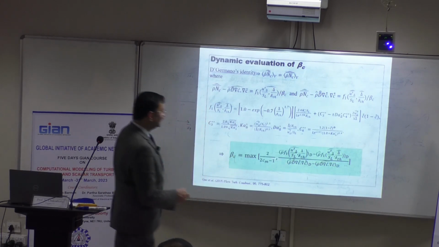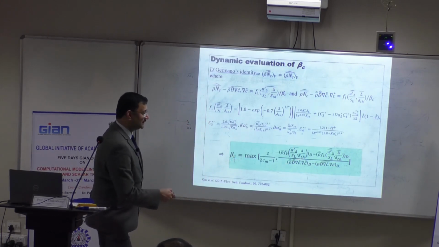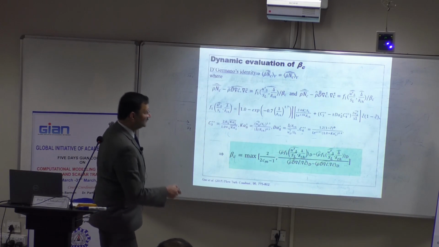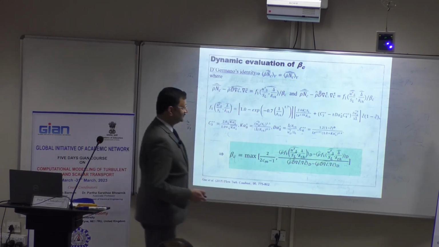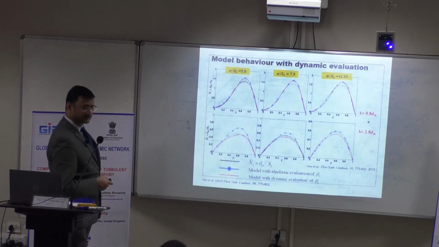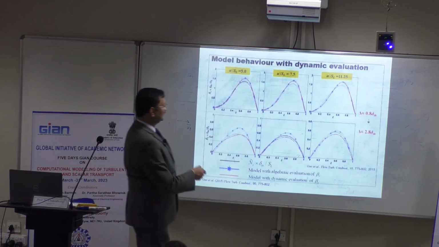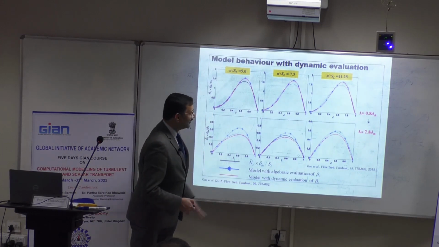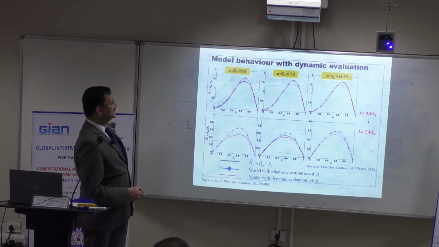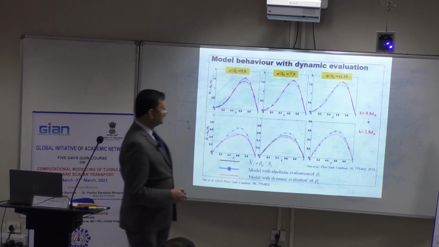As you can see, I have not given any value for beta c. It is actually determined by this function at different situations. And you can see it does a reasonably good job. Once again, if anything, at higher turbulence intensity, the model behavior becomes better.